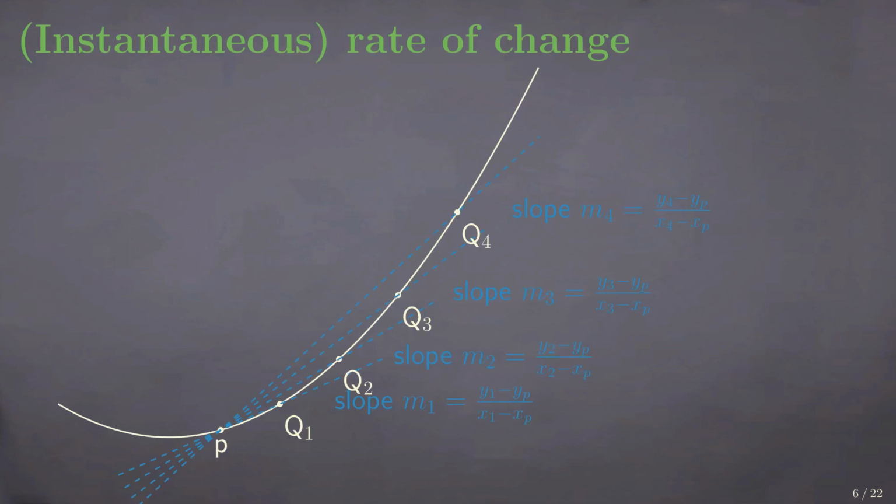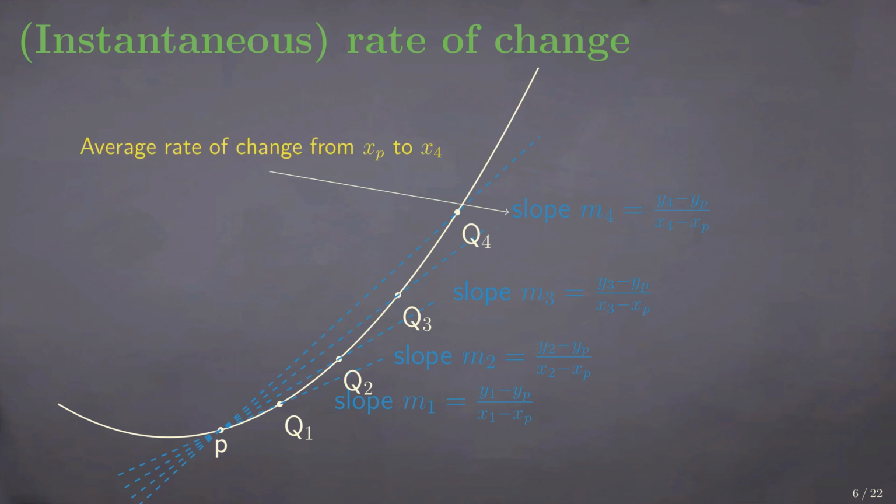Okay, so now let's get back to the meaning of the derivative. Recall that the difference quotient gave us the slope of the corresponding secant line. By computing the derivative, we are taking the limit of all of these slopes, fixing p and letting the other endpoint vary.